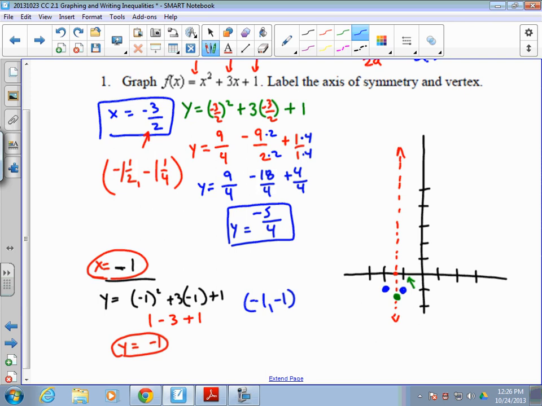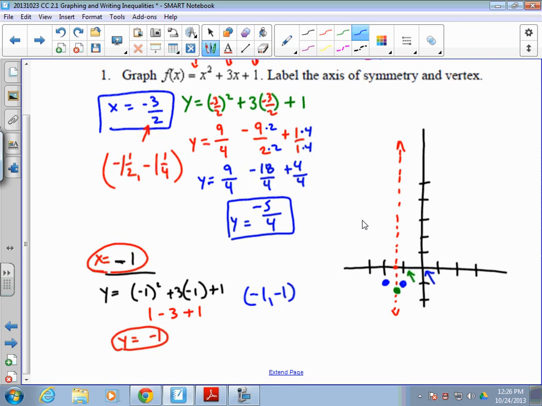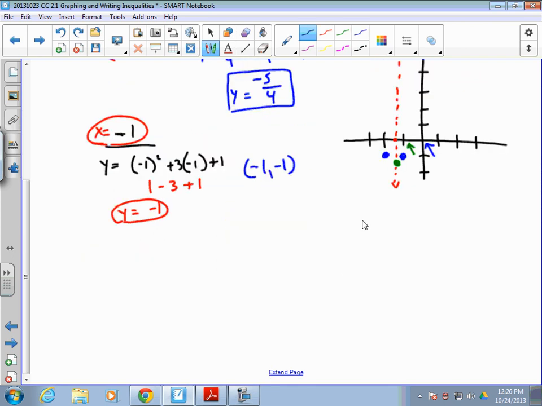Then we just need to find one more point. This will be the easiest one for us to find, because it'll be the next x value, which will be 0. So when we plug in 0 into the original equation, y equals 0 squared plus 3 times 0 plus 1, 0 plus 0 plus 1, so y equals 1.